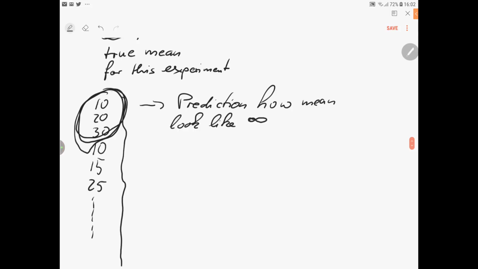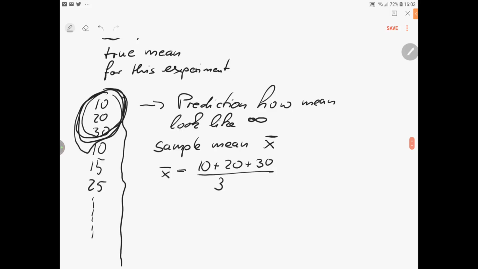As I said, we treat our data set as a sample. And for a sample, we try to figure out the sample mean, and that's very easy. The sample mean, and usually this is abbreviated with X bar, to distinguish it from the population mean, where we said it's mu. But X bar is again calculated exactly like the population mean. We just simply add our data points, 10 plus 20 plus 30, and we divide by the number of observations.